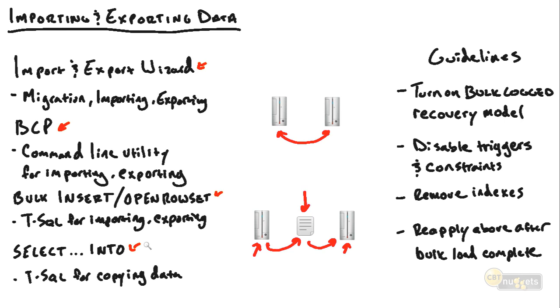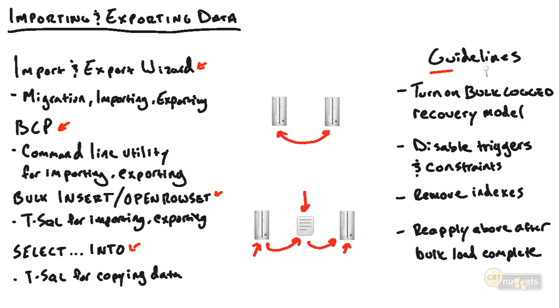We can create a table on the fly using SELECT INTO, and then our source can be a query. So really, we could take data from many tables and make a new table out of it. It's just a great little statement to get the hang of, because it's useful in so many situations when you just need to quickly make a copy of a data set, put it into your own table to work with. Super easy and handy to work with, or even if you need to make a backup of a table.